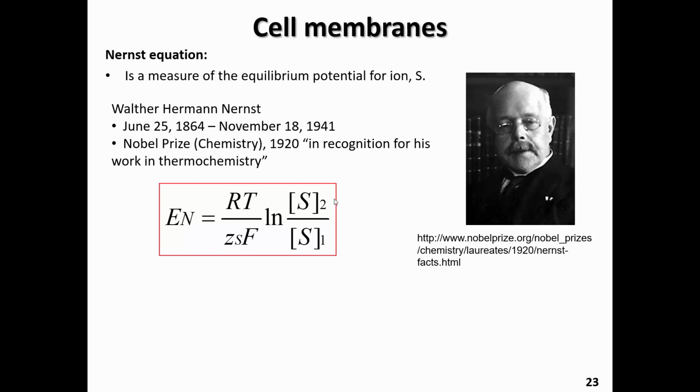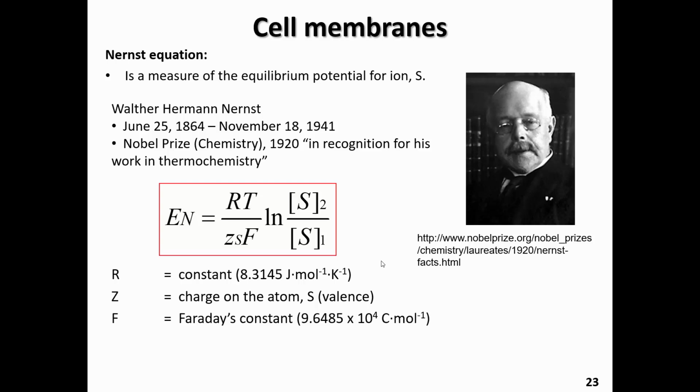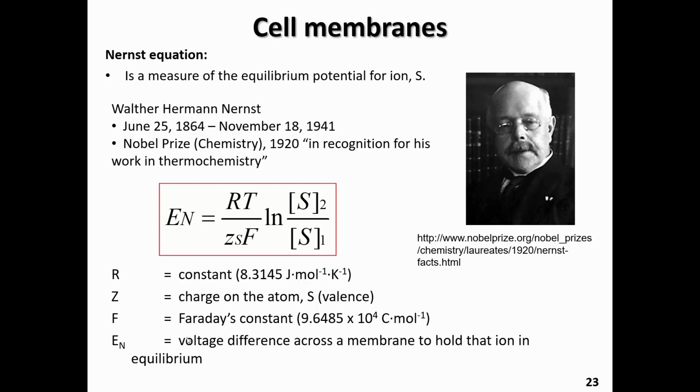This is calculated for a particular ion where R represents a constant, Z is the charge on the atom by its valence, F is another constant called Faraday's constant, and E_N is the voltage difference or the Nernst potential across a membrane to hold that ion in equilibrium, the equilibrium determined by the balance of the concentrations on two sides of a cell membrane.